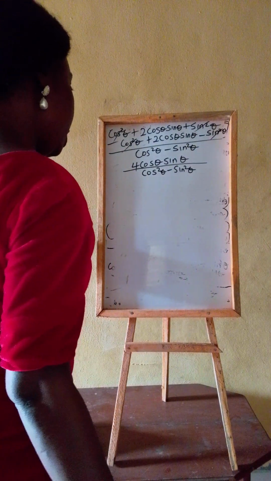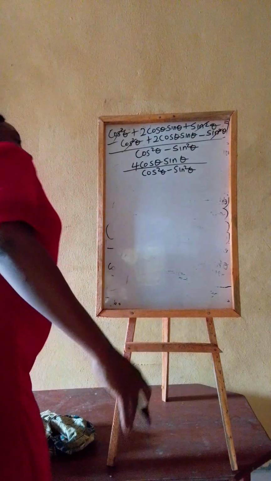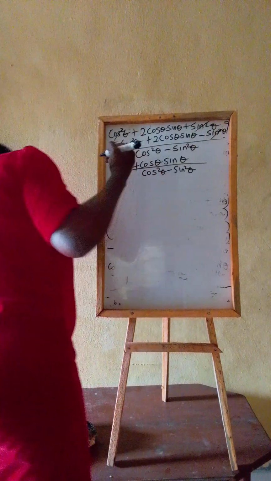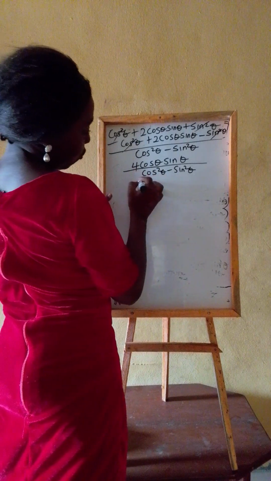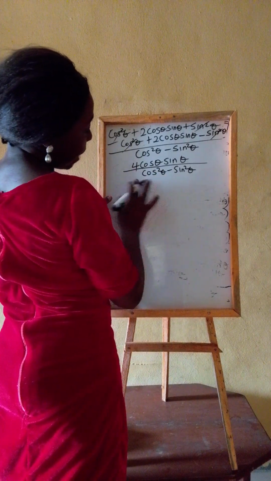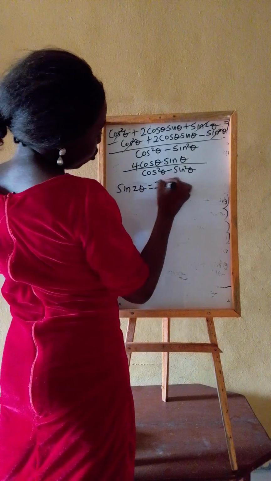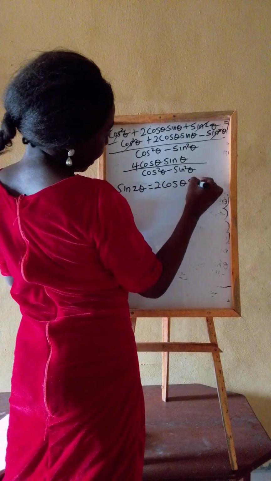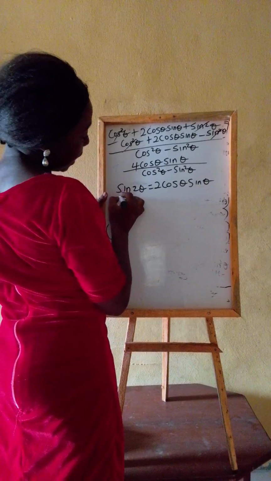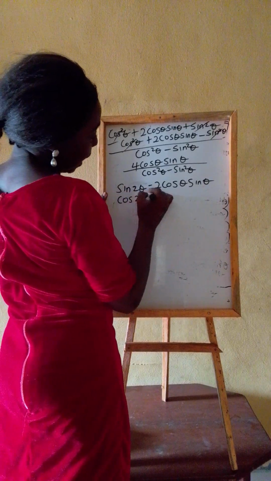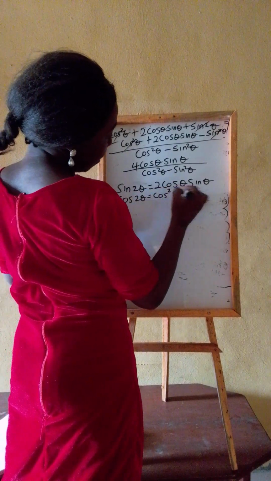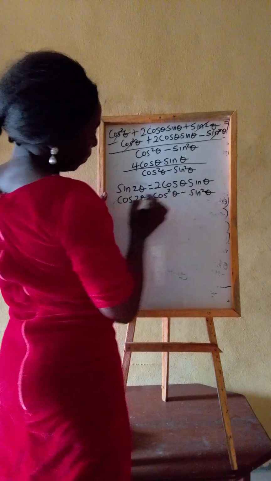Remember, sin 2 theta is 2 cos theta sin theta, and cos 2 theta is cos square theta minus sin square theta.